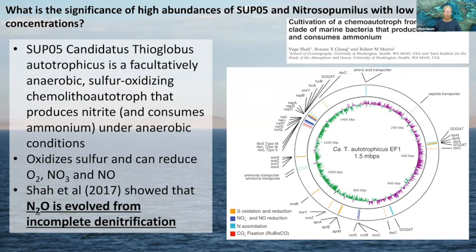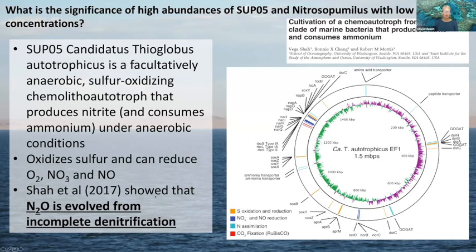Well, it can't carry out complete denitrification, which is really significant because when you have incomplete denitrification, you're likely to see N2O being evolved. This is the genome of this newly cultured microbe, and these are genes that are involved in nitrogen metabolism and in particular nitrate reduction.